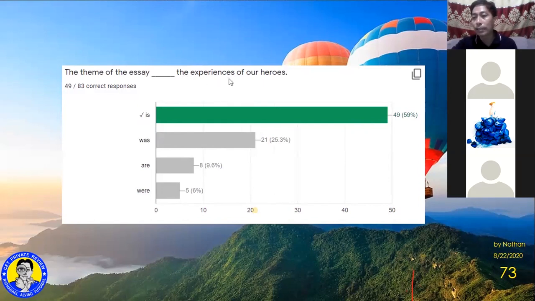Again, guys, when applying the SVA rules, you must determine only the singularity and plurality of the subject, which is here "the theme," which is singular, okay? Do not be confused with the subject complement because you're using a linking verb here, remember?